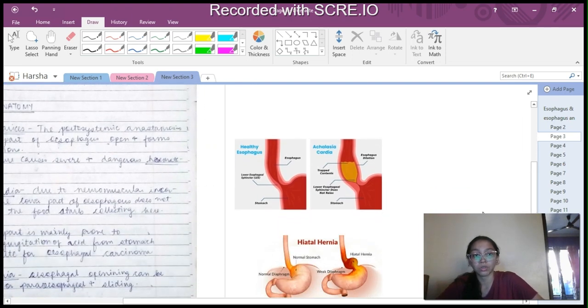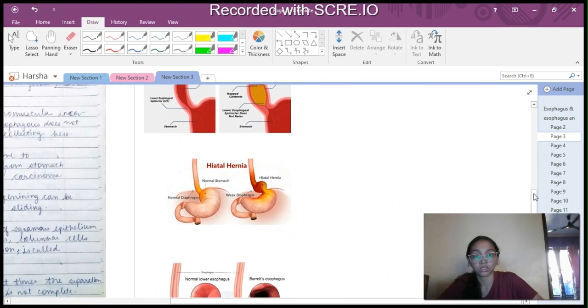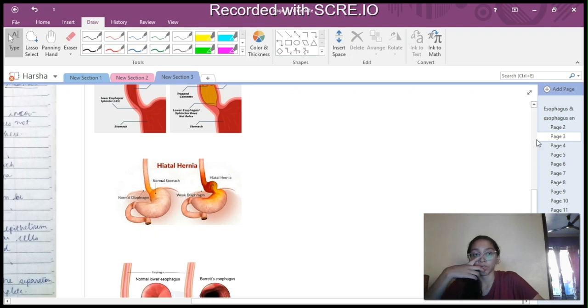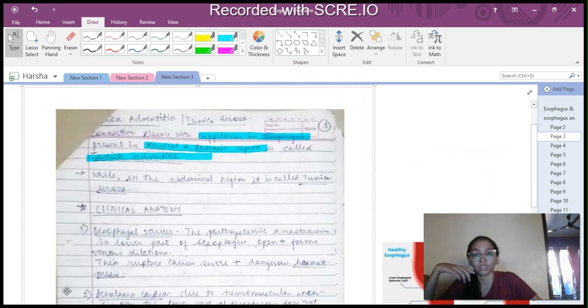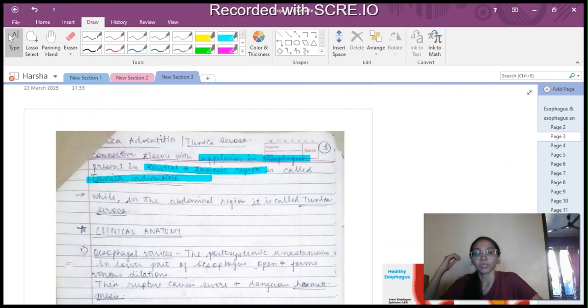Now, next is the clinical anatomy. In clinical anatomy, first is esophageal varices. What are esophageal varices?